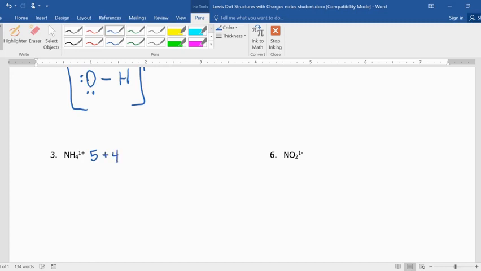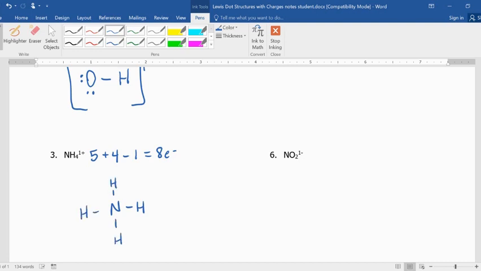And in this case, it has a charge of positive 1, so that means that ammonium is missing 1 electron. So we would subtract 1, and 5 plus 4 is 9, minus 1 is 8. So we have 8 electrons to work with. So we'll draw our bare bones structure. We'll draw nitrogen bonded to hydrogen.